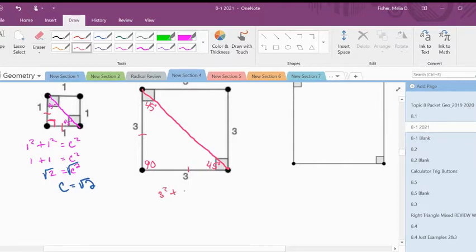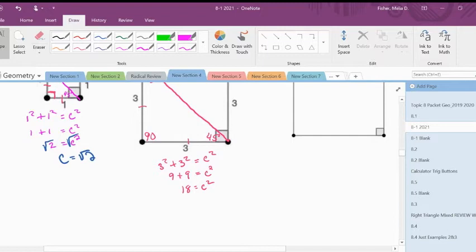3 squared plus 3 squared equals c squared. 9 plus 9 equals c squared. And that's 18 equals c squared. When we take the square root of both sides, I get the square root of 18 equaling c.